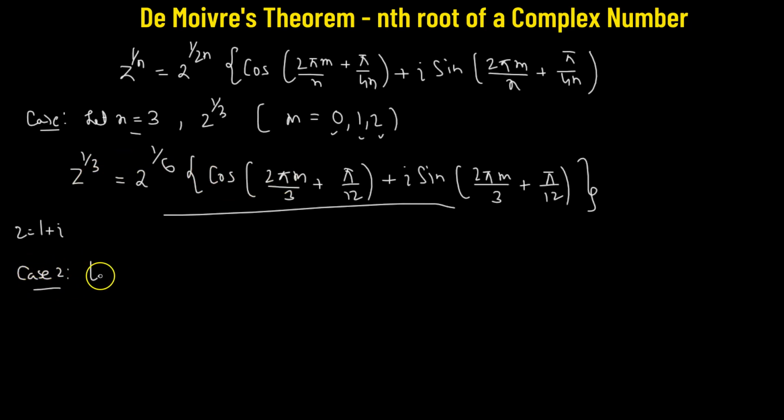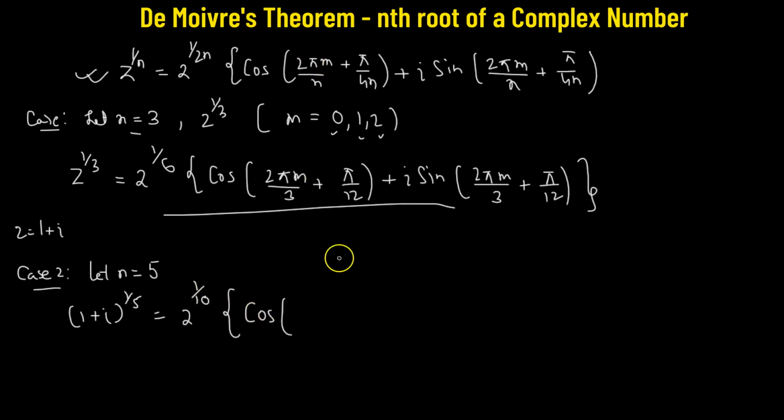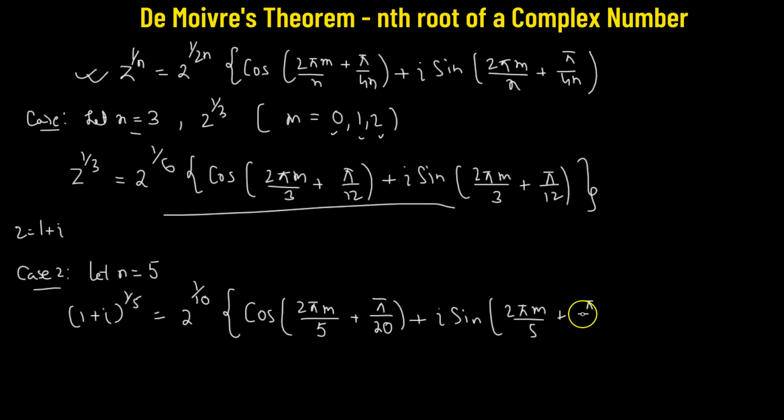In the second case, we will consider n equal to 5. That means we have 1 plus iota, the complex number z, raised to the power of 1/5. We will use this particular equation. So this will be 2 raised to the power of 1 divided by 2n, that means 1/10, multiplied by cosine of 2 pi m divided by n, where n is 5, plus pi over 20, plus iota times sine of 2 pi m over 5 plus pi over 20.